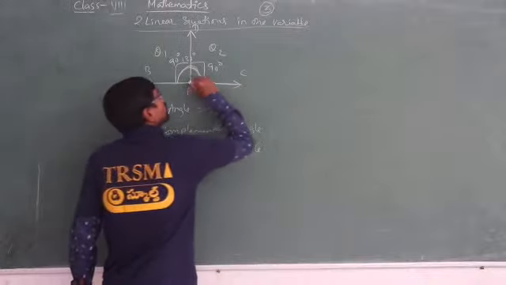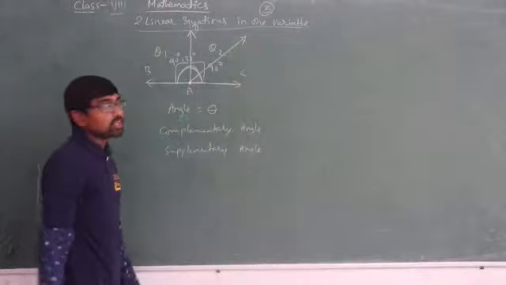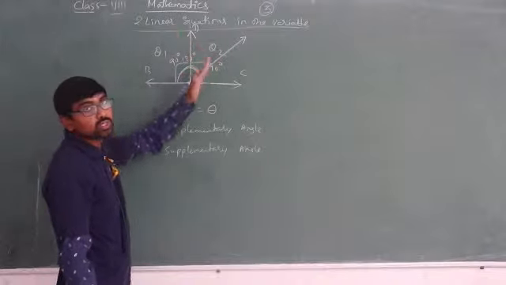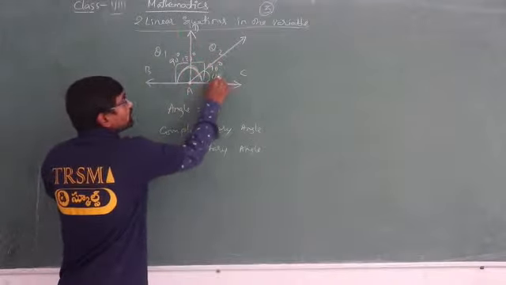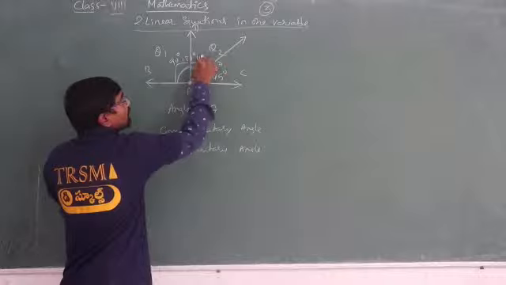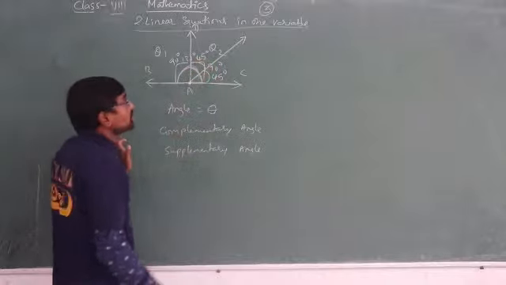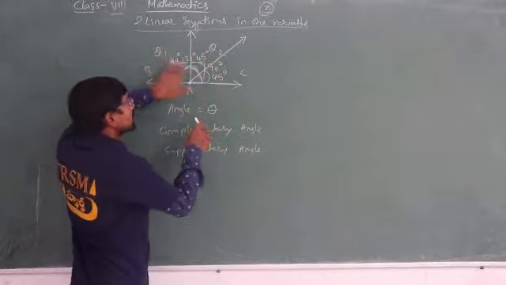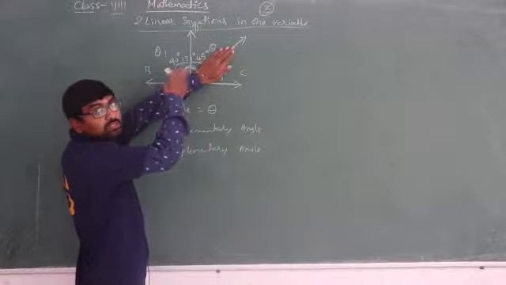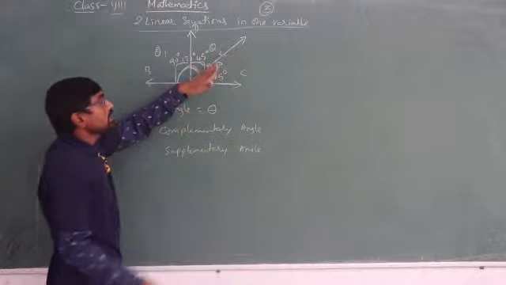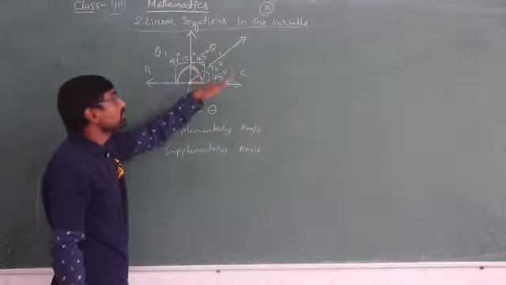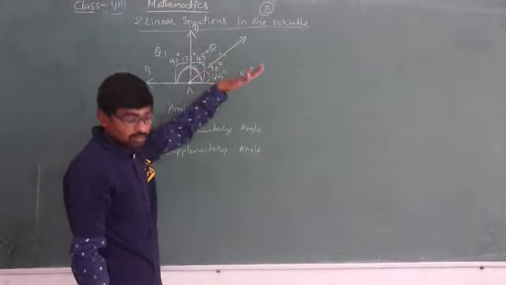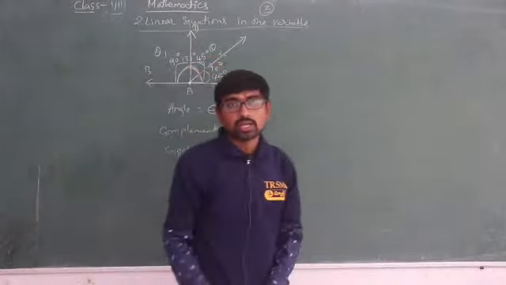If I divide this 90 degree into two equal parts, I will get 45 degree and here also 45 degree, isn't it? If I divide a right angle into two parts, each will be less than 90 degree, so they will be acute angles.